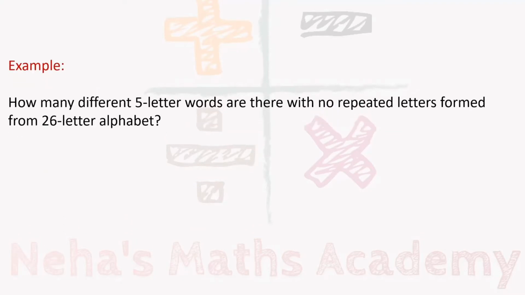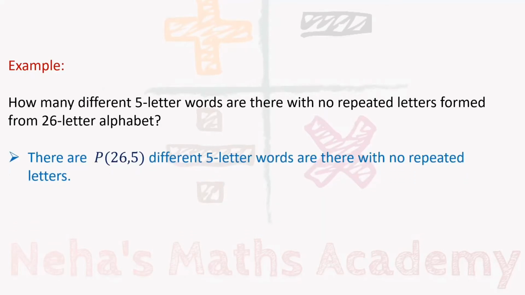Next example, how many different 5-letter words are there with no repeated letters formed from 26-letter alphabet? We have to arrange the 5 letters and no repeated letters are allowed. So we have to firstly select 5 letters and then arrange it.